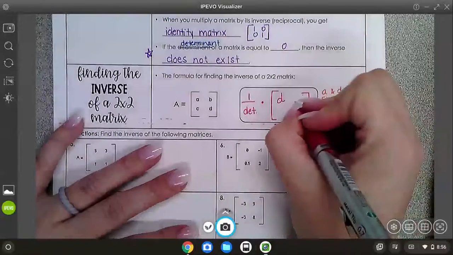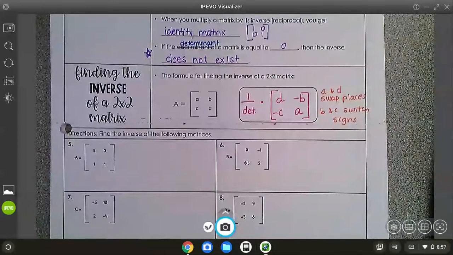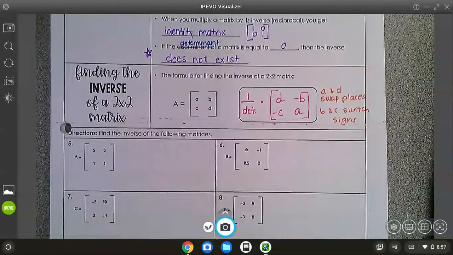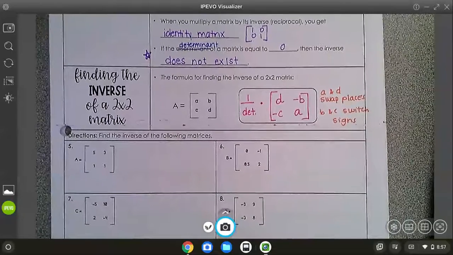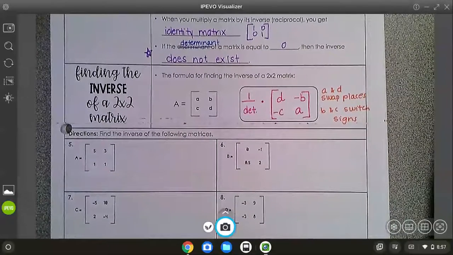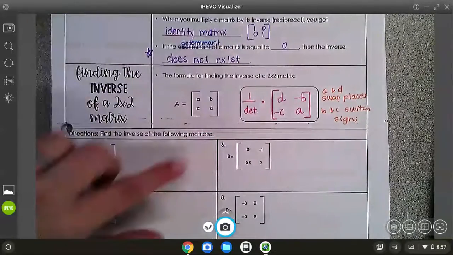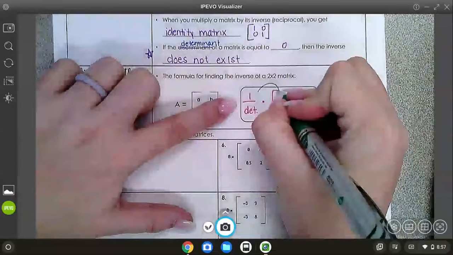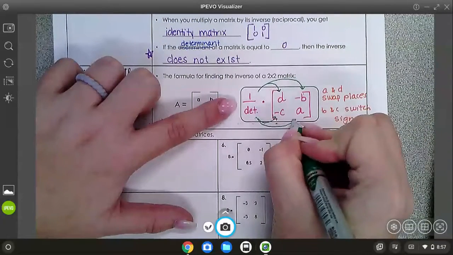They stay where they're at, but their signs change. So if they were positive, they become negative. If they were negative, they become positive. And then once you have this, you have to use scalar multiplication. You have to distribute that inside your matrix.